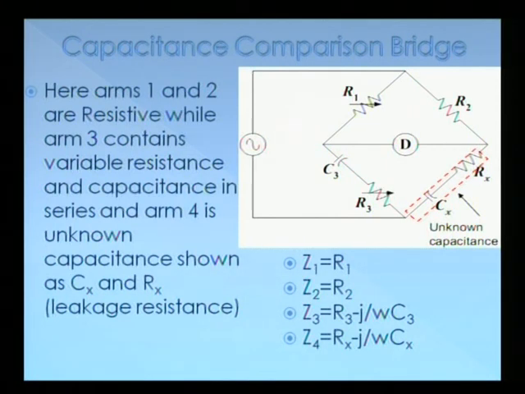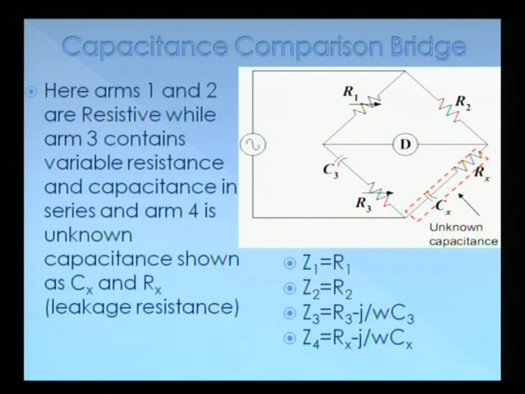Different types of AC bridges are possible, starting with the first one, that is the capacitance comparison bridge. Two types of comparison bridges are there. First we will discuss capacitance comparison, followed by inductance comparison. The name comparison bridge is given because we have an equal and opposite kind of nature in the two arms at the bottom side, while the upper arms R1 and R2 are resistive.